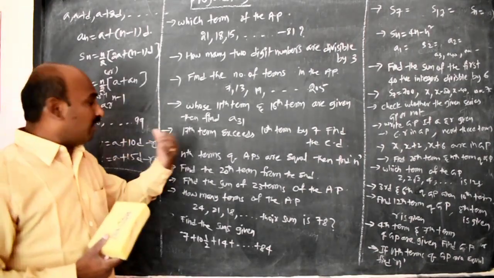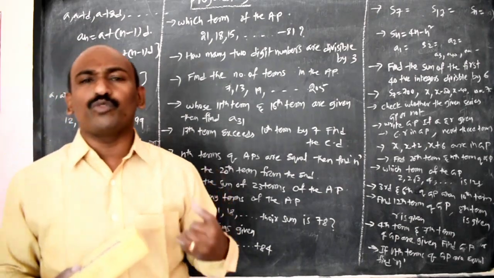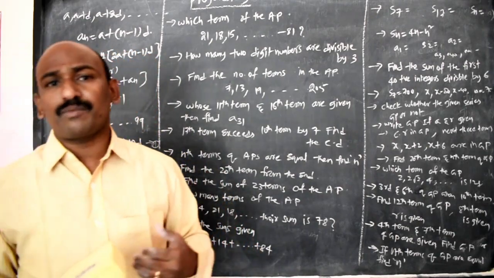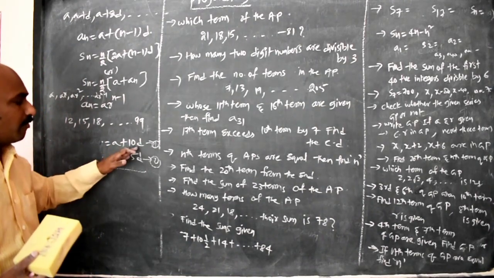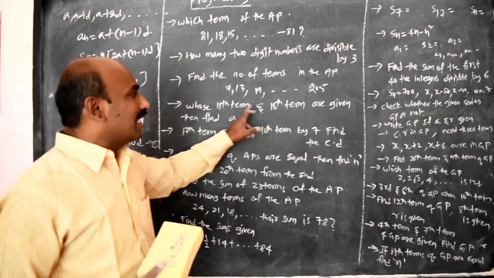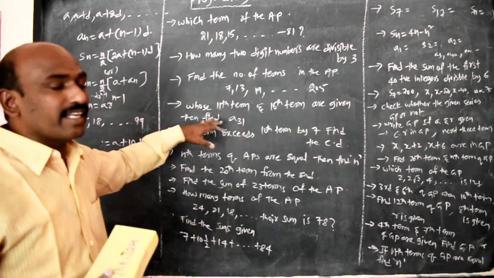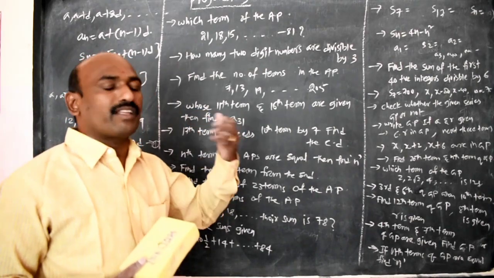We have already studied in pair of linear equations how to solve linear equations in two variables by elimination or substitution. You can go with any one method. Here we can eliminate a and find d, and substitute d again here, you get the a value based on the 11th and 16th terms given. If you know a and d, we can get a31 or a50, whatever term we want.